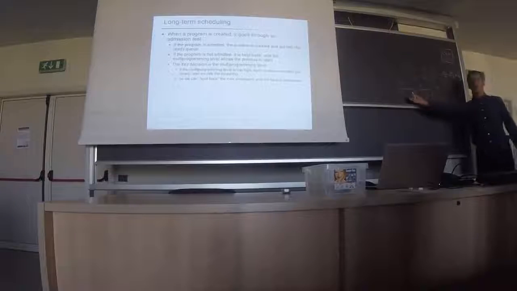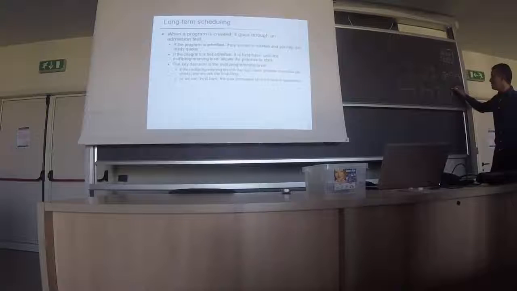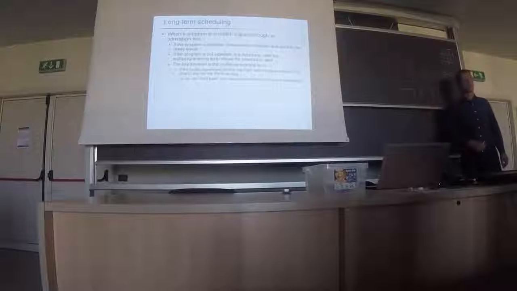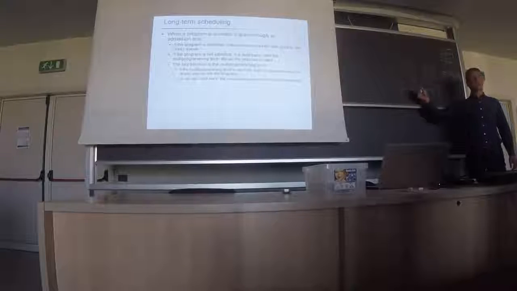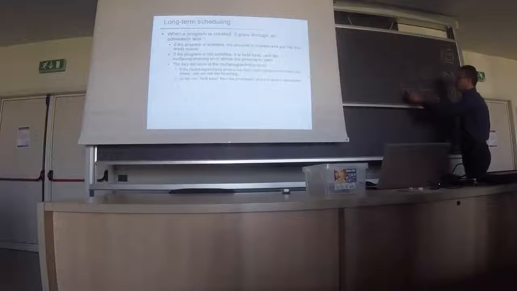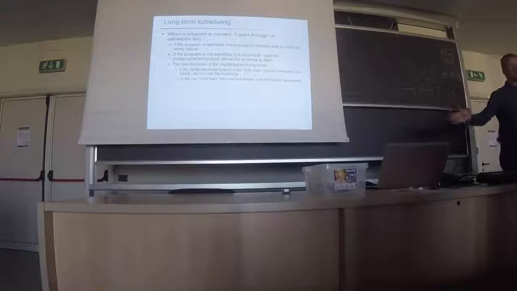But the utilization in my system cannot exceed 1. This is a single core processor, and I cannot execute more than 1 task at a time. If I have 2 of these tasks that every 3 time units need to execute 2 plus 2, I need 4 time units every 3 time units. So this task set is not schedulable.